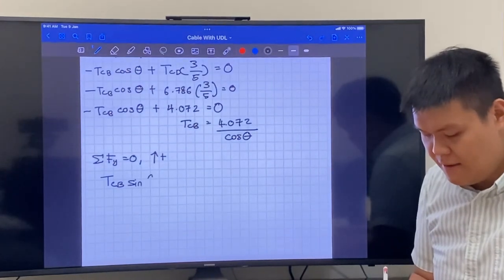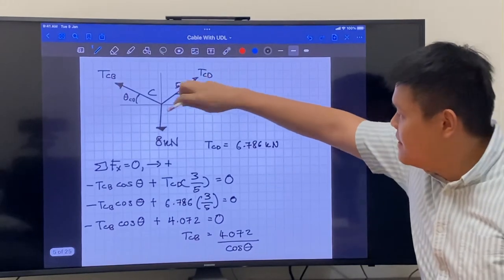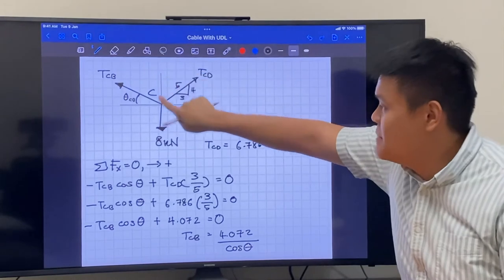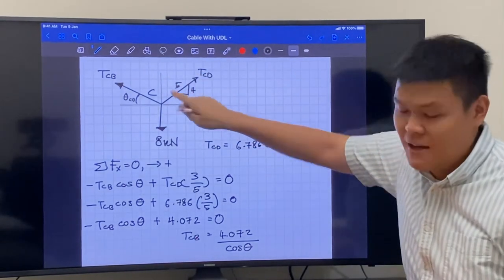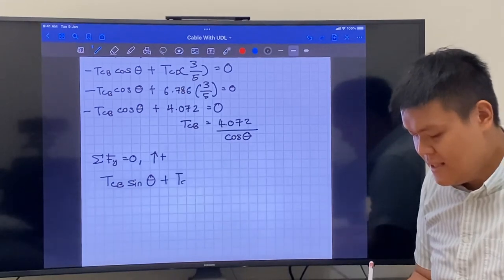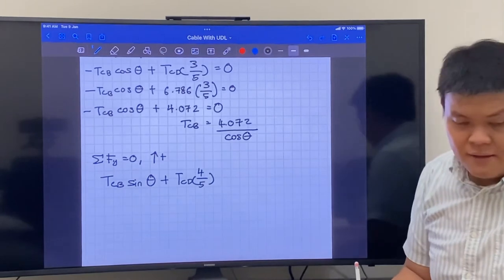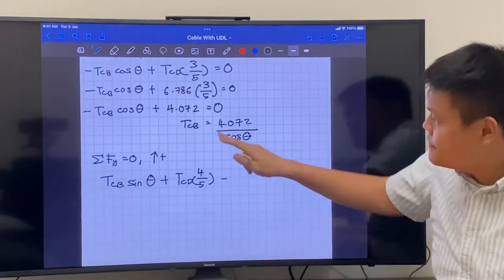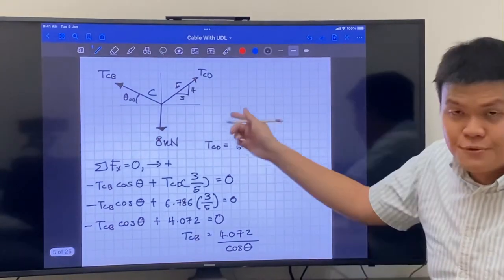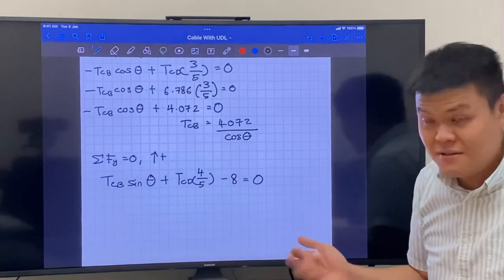Then we have TCD in this component, so you take 4 over 5 because it's in the same direction as this one. So plus TCD 4 over 5. And then the last one is 8 kilonewtons. Okay, so this equals 0.